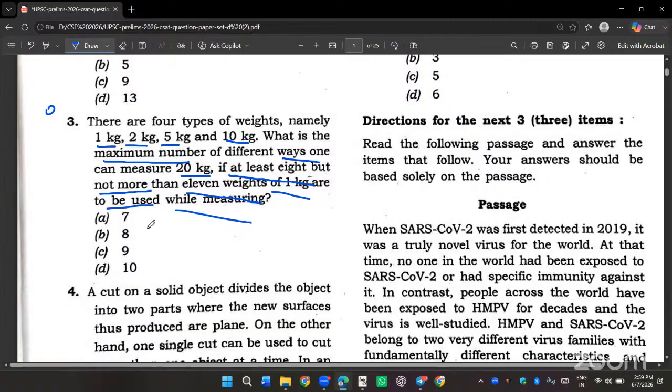So I can use 8 1 kg weights minimum, maximum 11 1 kg weights.